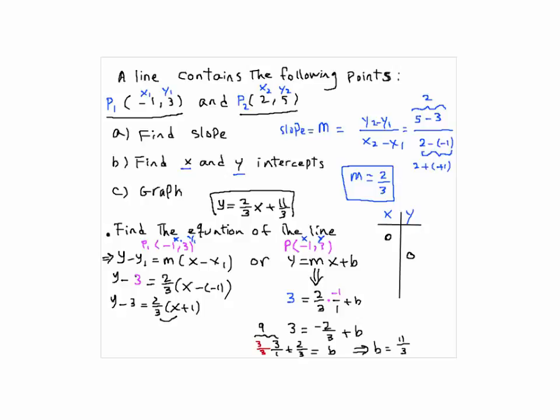If I distribute here and move the 3 to the other side, you get 2/3 x plus 1 plus 3. Okay, that would be plus 2/3. Everybody get what we're doing?